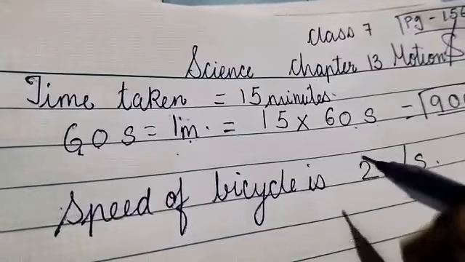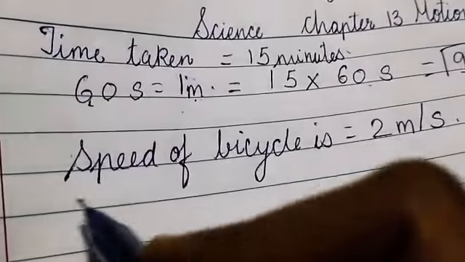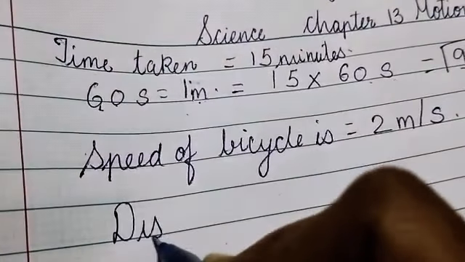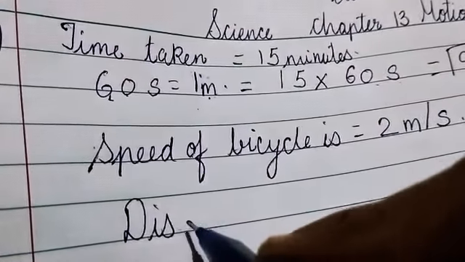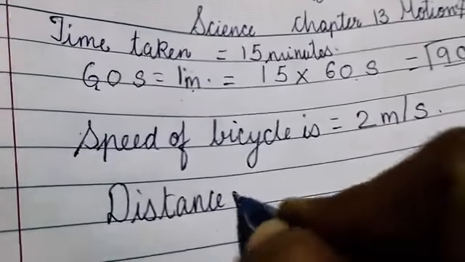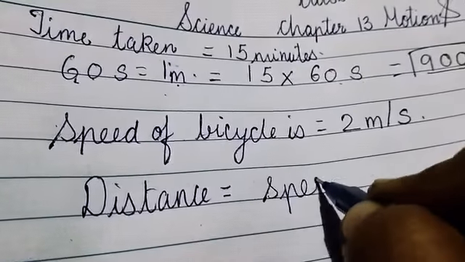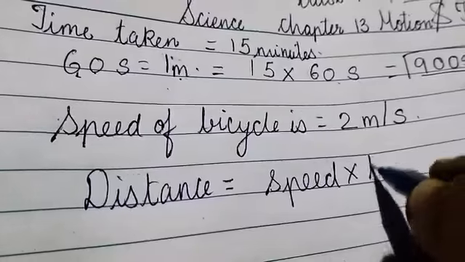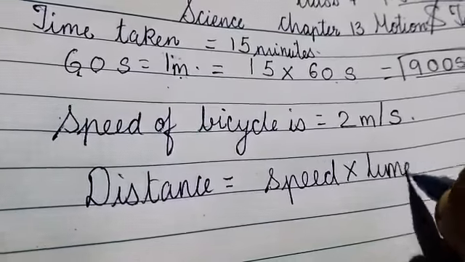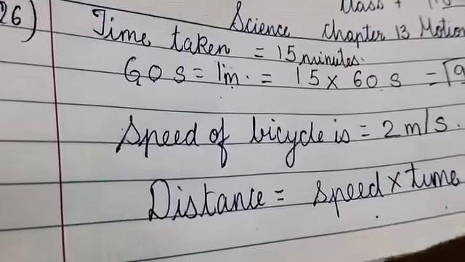This is the speed of the bicycle. Now we have to calculate the distance. So how will we calculate? Distance is equal to speed into time. This is the formula. Distance is equal to speed into time.